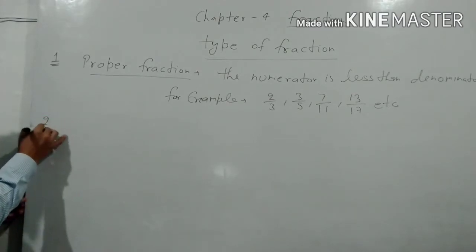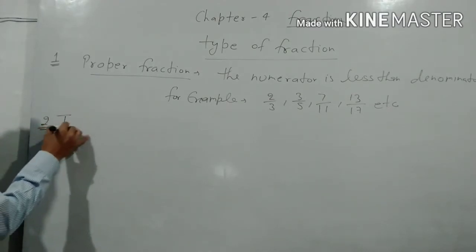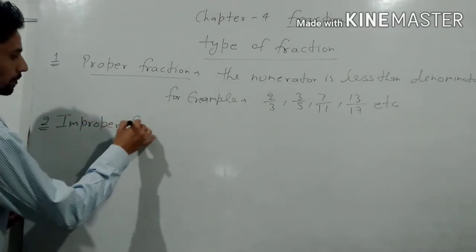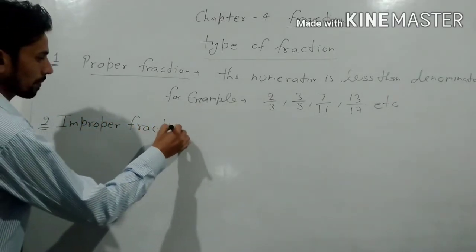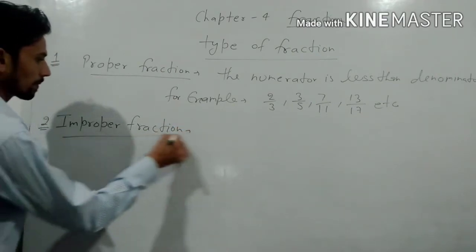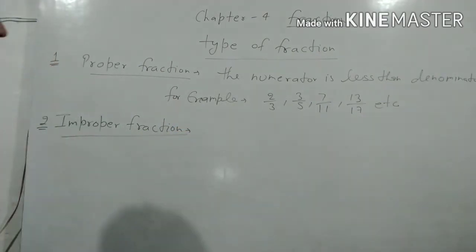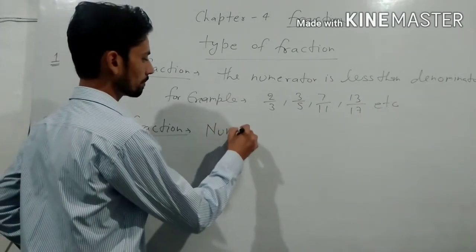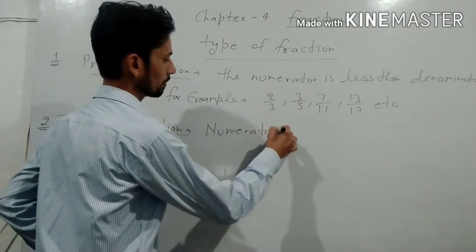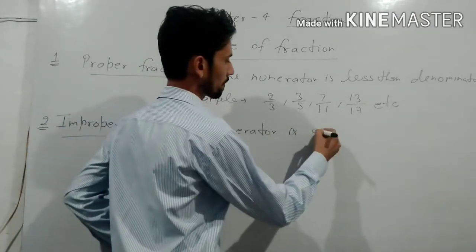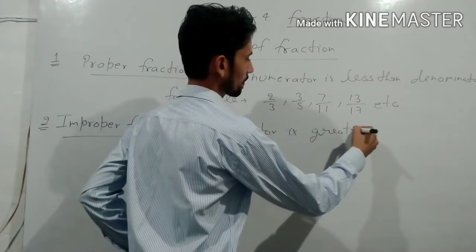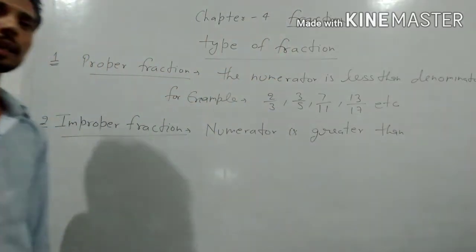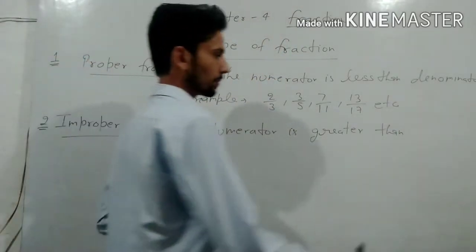Second is improper fraction. Numerator is greater than its denominator.